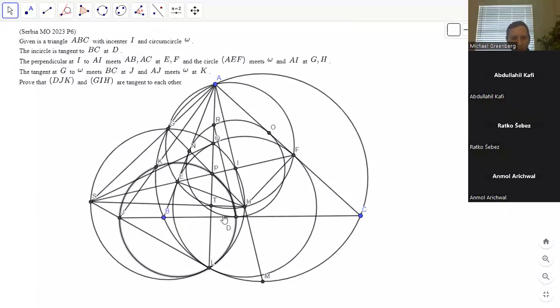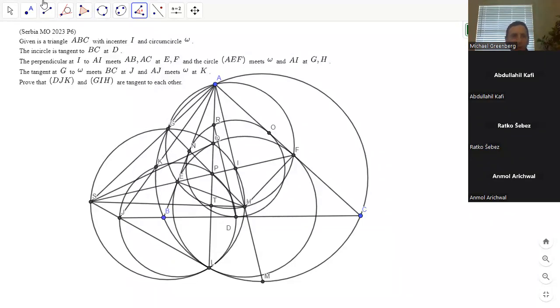Is DJ a diameter of it? I don't think DJ is a diameter. Let me just check. Yeah, because then D, H, and L would be collinear if that was true. S lies on the polar of A, so A lies on the polar of S, and that's why SQ is going to be tangent.